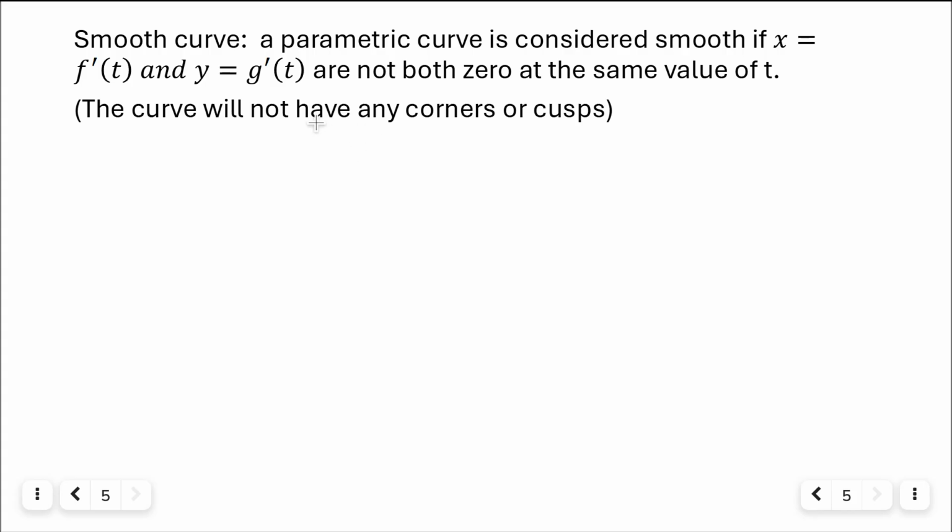Back from the beginning. If a parametric curve does not have any corners or cusps, or the derivatives of f and g are not both 0 at the same value of t, we're going to look a little bit about derivatives in the next video. We consider that curve to be a smooth curve. All right, and that's just a definition that you should know.